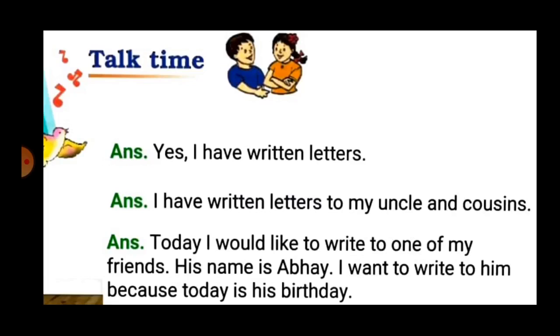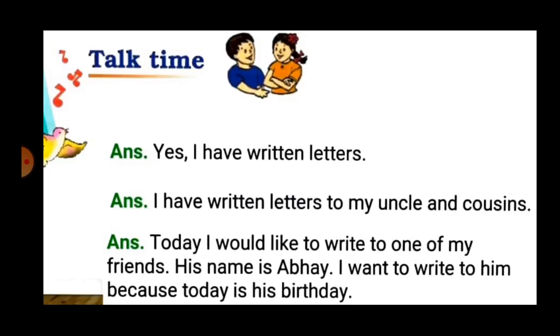In the first question, if you have ever written a letter, you can say yes. And if you have never written a letter, you can say no. In the second question, to whomever you have written a letter, give their name.